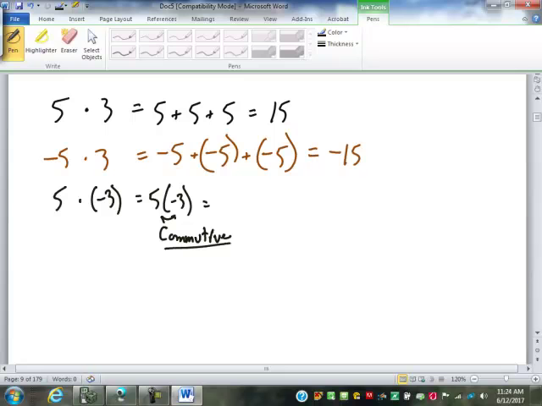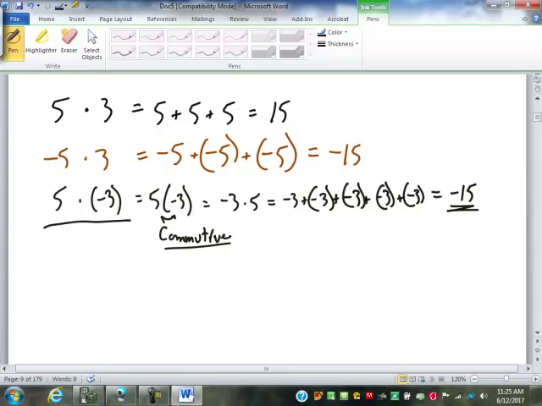So I can make that negative 3 times 5. And now that's saying add the negative 3 together 5 times. So negative 3 plus negative 3 plus negative 3 plus negative 3 plus negative 3 is again negative 15. Again, fits with what we've been taught. We've been taught a positive times a negative is also a negative.